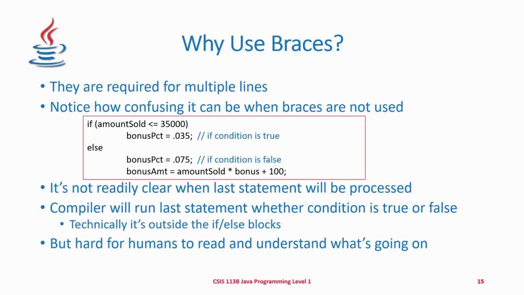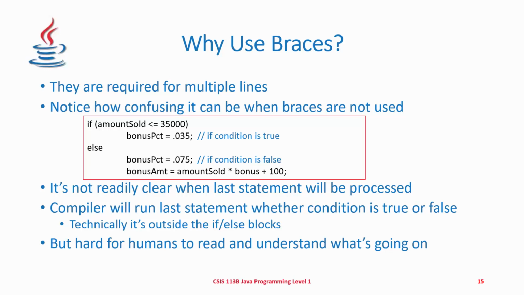Why use braces? Well, they are required for multiple statements. The example you can see will demonstrate to you how confusing it can be when the braces aren't used. So when you take a look at it, it could read if amount sold less than or equal to 35,000, if that's true, then go ahead and output the bonus percentage as 0.035, else output the bonus percentage as 0.075.